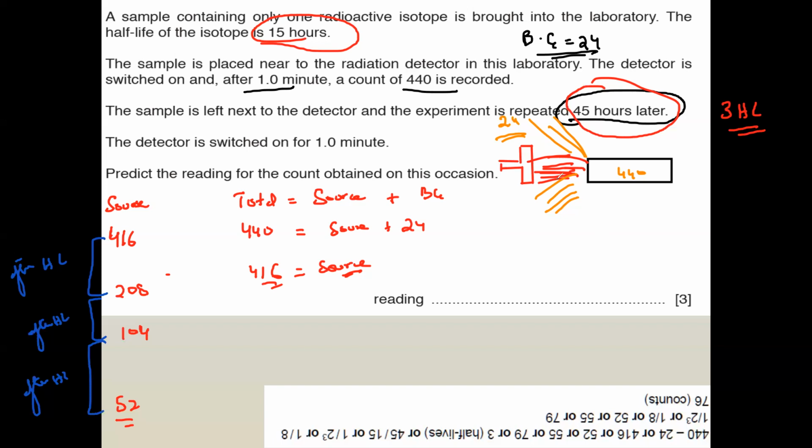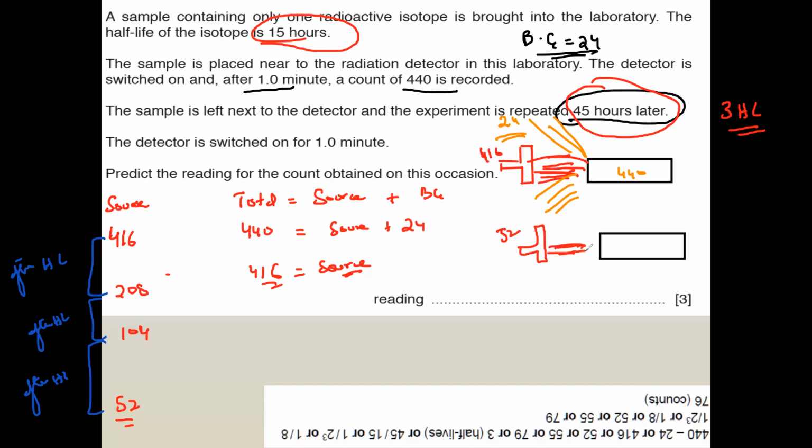The question is, what is the detector reading? They're not asking what the source reading is. They're asking what the detector reading is. After 3 half-lives, the radiation from the source, which was 416, has become 52.